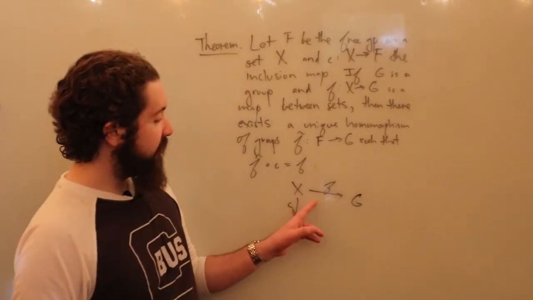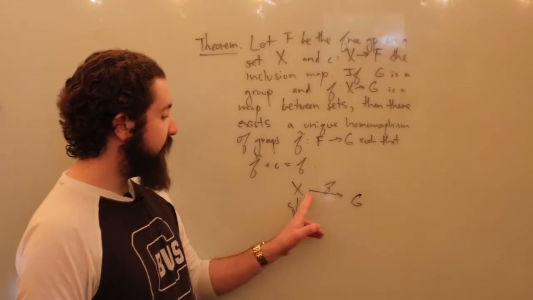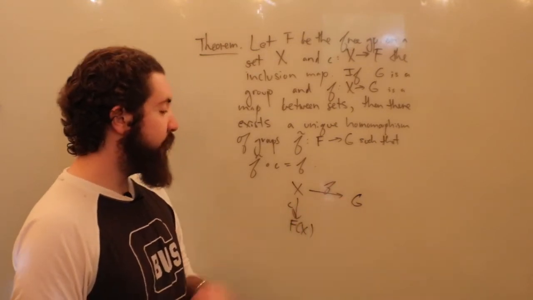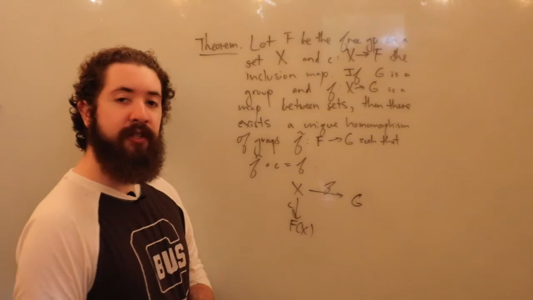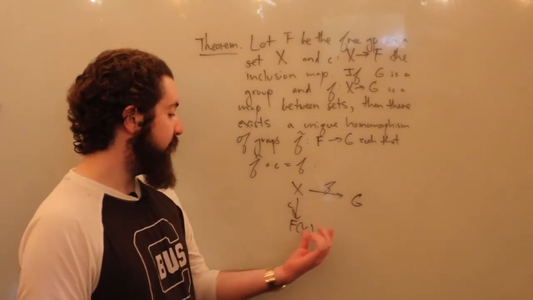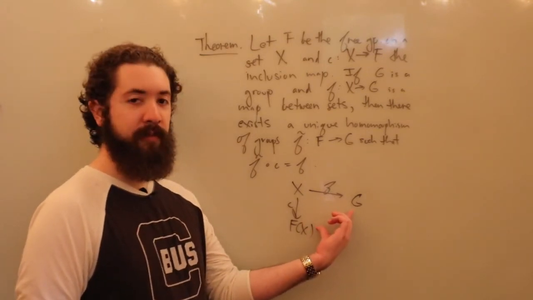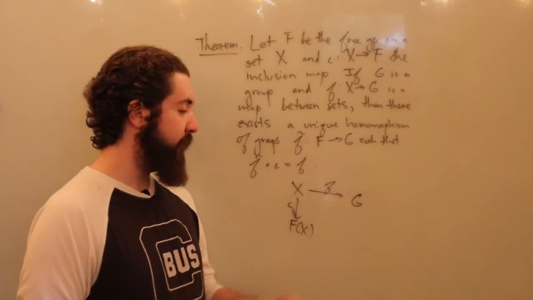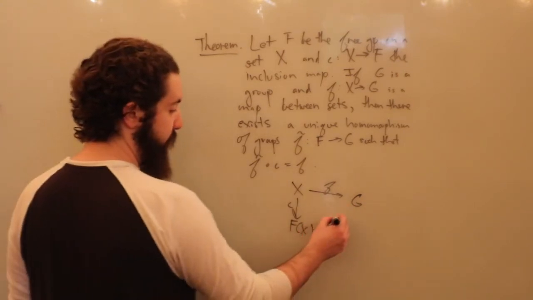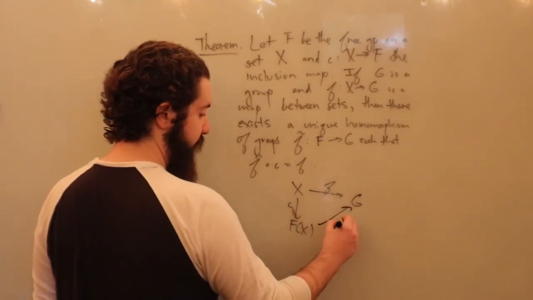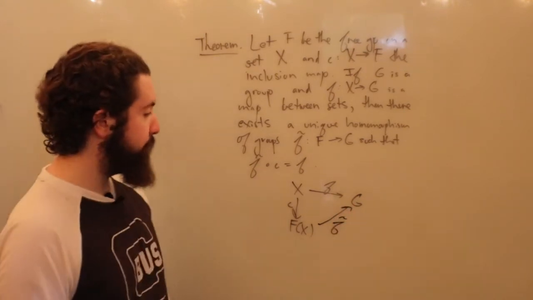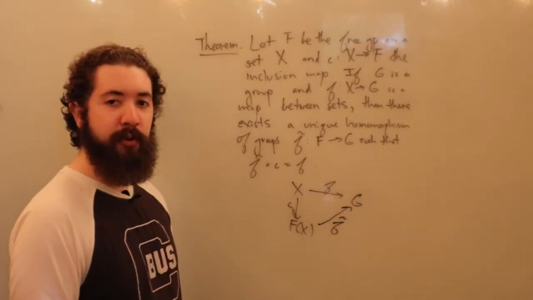And maps between these two sets and maps between these two sets induce together a homomorphism, a group structure relationship between these two groups, which is fascinating. f tilde. So we're going to prove this.